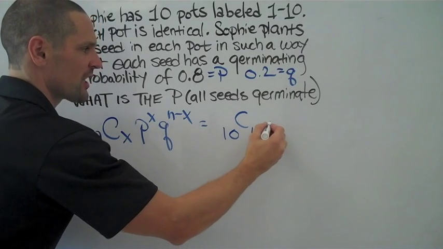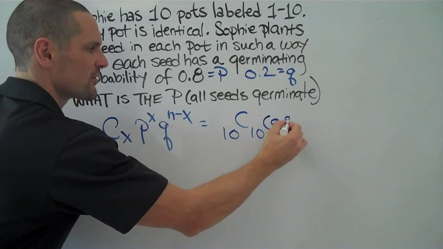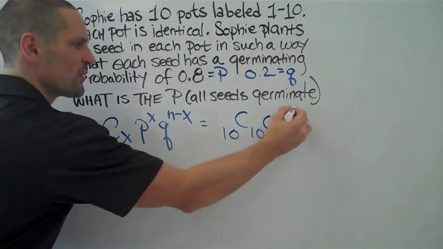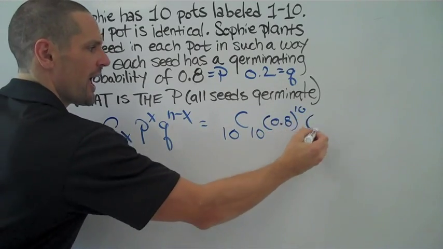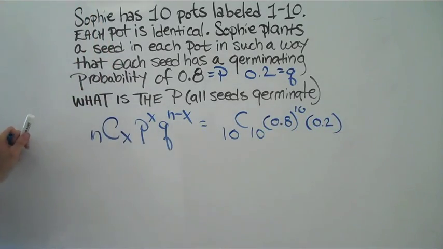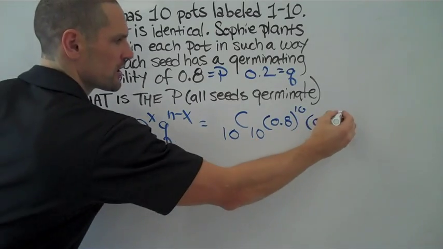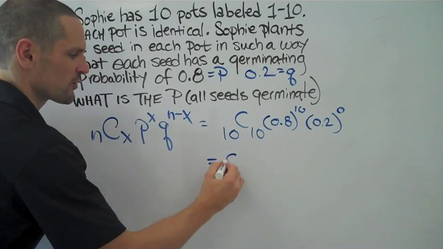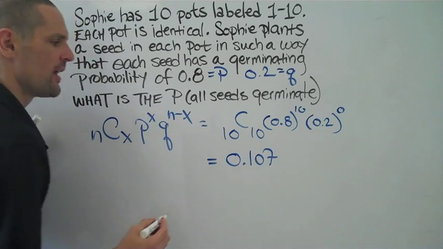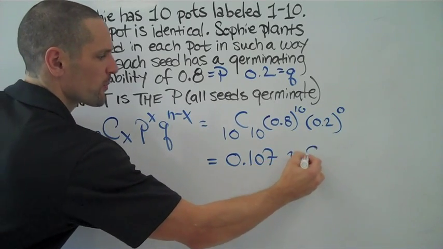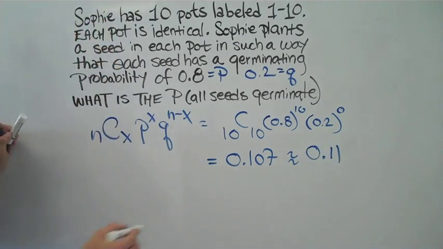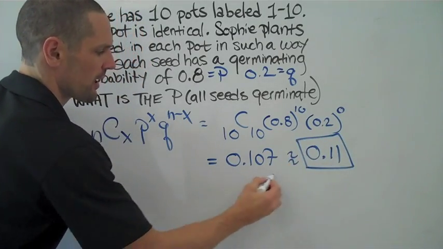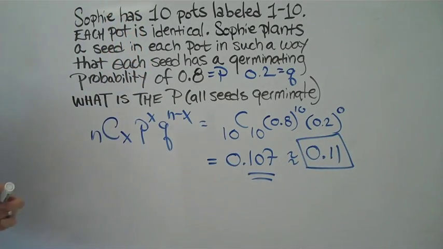Probability of success is 0.8 to the 10. Whatever's there goes there. And 0.2 is your probability of failure. That'll be 10 minus 10, which is 0. This works out to 0.107, which is about 11% or 0.11. This is our probability. You could keep it like that because that's 3 sig figs. This is our probability that all 10 germinate.